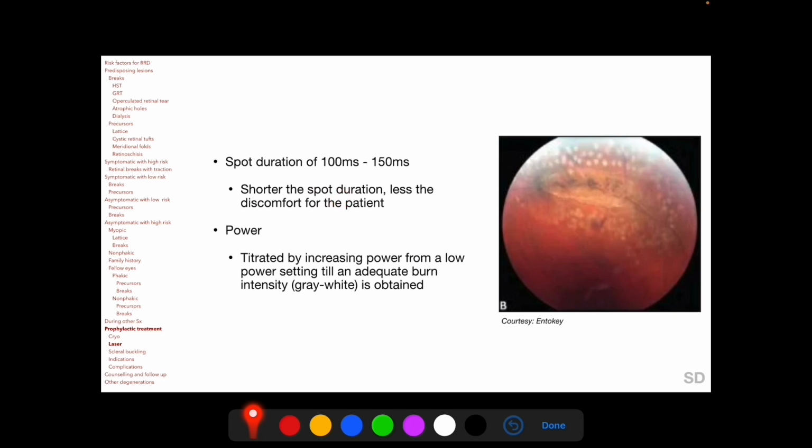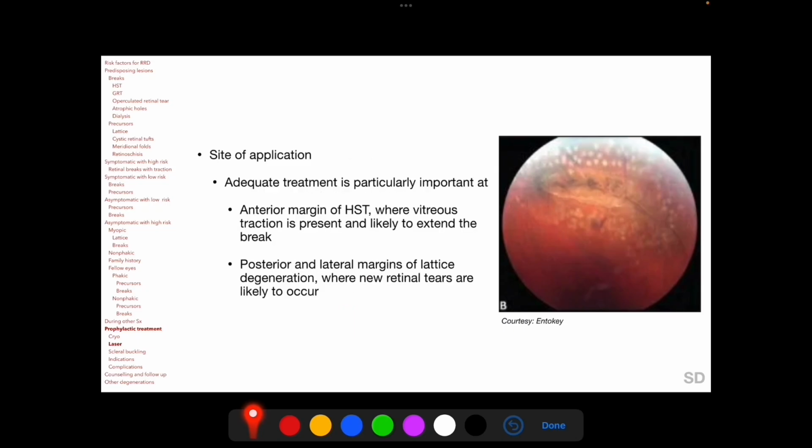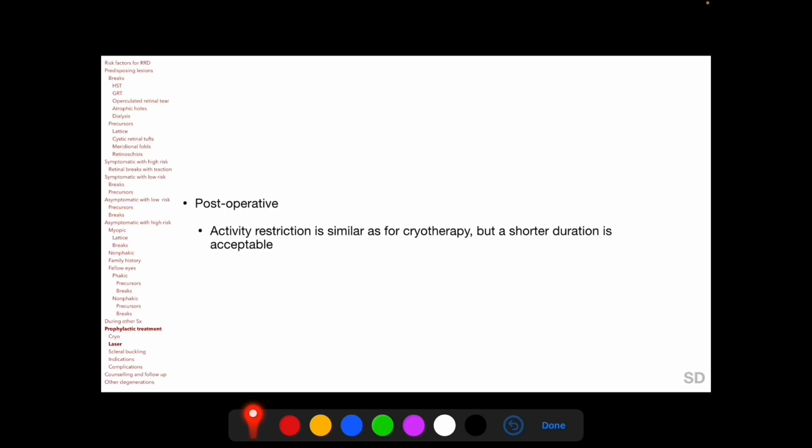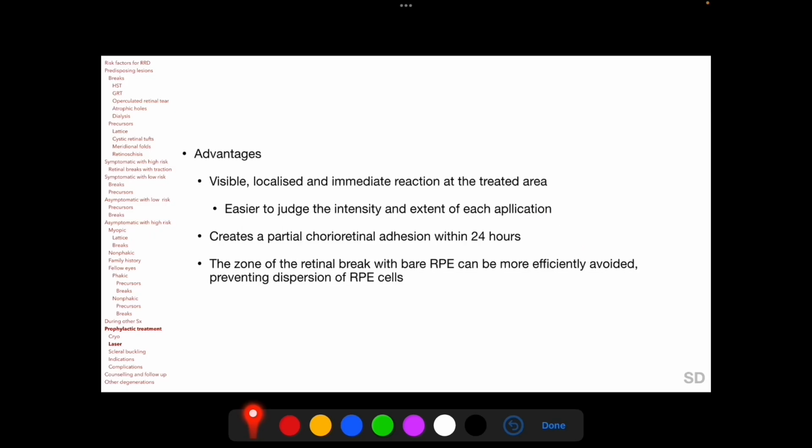Power of the laser is titrated by increasing power from a low power setting till an adequate burn intensity of gray-white is obtained. And as with cryotherapy, adequate treatment is particularly important at the anterior margin of HST and posterior and lateral margins of lattice degeneration. Postoperative activity restriction following laser photocoagulation is similar as for cryotherapy, but a shorter duration is acceptable.